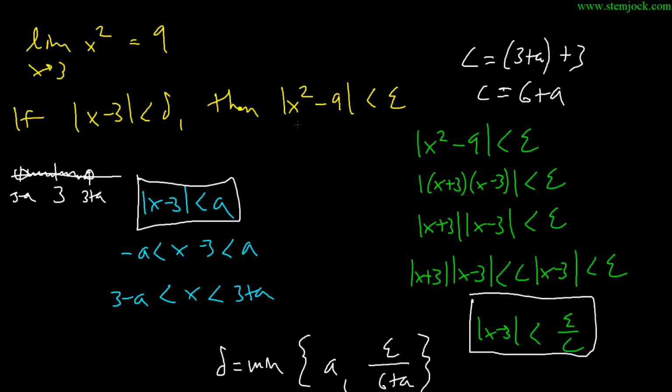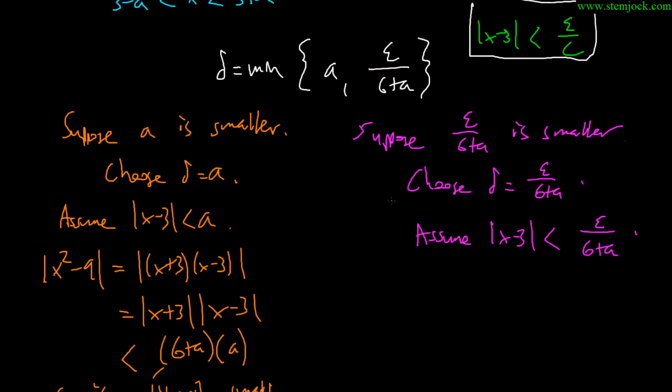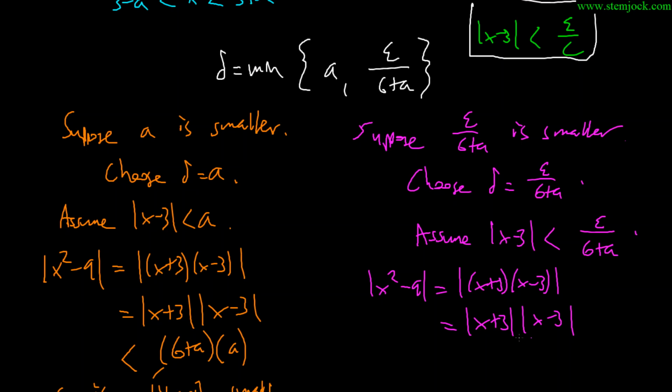And I'm going to start off with the left side here. The absolute value of x squared minus 9. This is the absolute value of x plus 3 times x minus 3. This is the absolute value of x plus 3 times the absolute value of x minus 3.